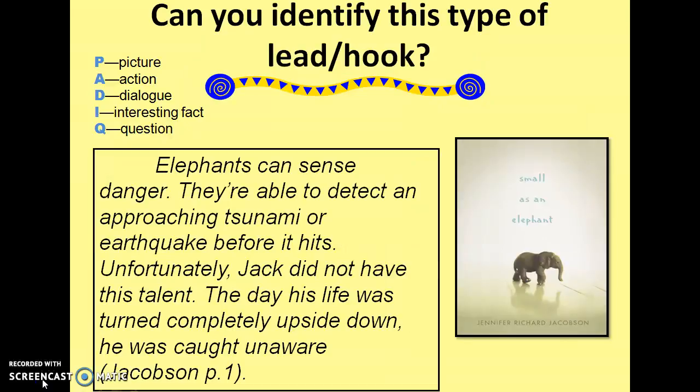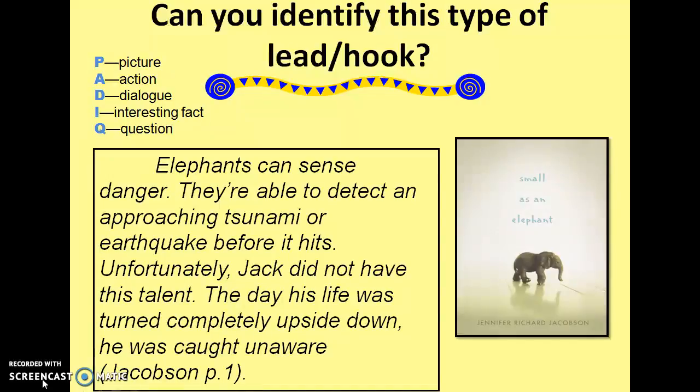How about this one? This is from Small as an Elephant. "Elephants can sense danger. They're able to detect an approaching tsunami or earthquake before it hits. Unfortunately, Jack did not have this talent. The day his life was turned completely upside down, he was caught unaware." All right, look at your acronym, PADIQ.